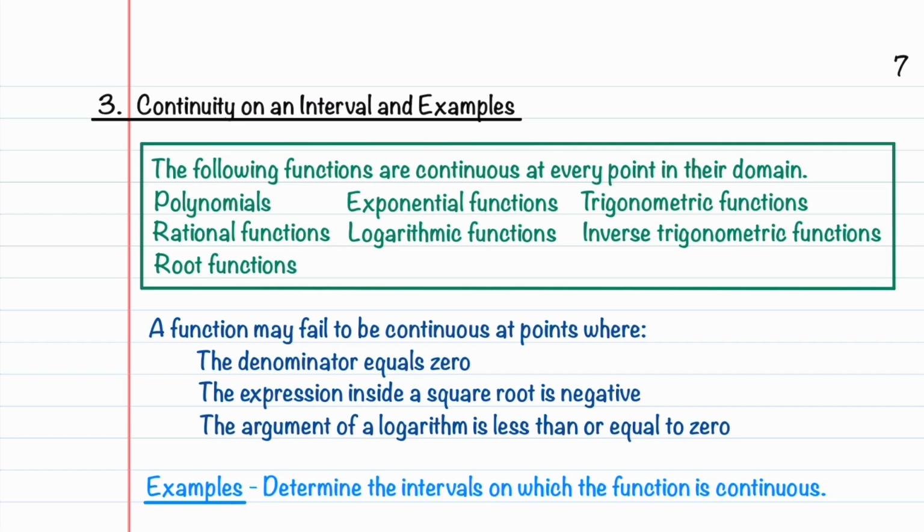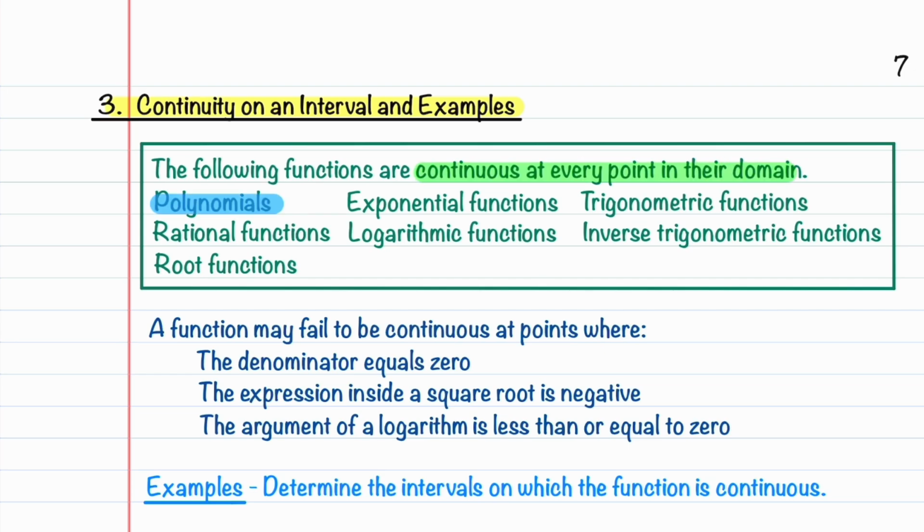We're now going to talk about how a function that is not continuous everywhere can be continuous on a certain interval. There is a theorem that states that the following functions are continuous at every point in their domain.